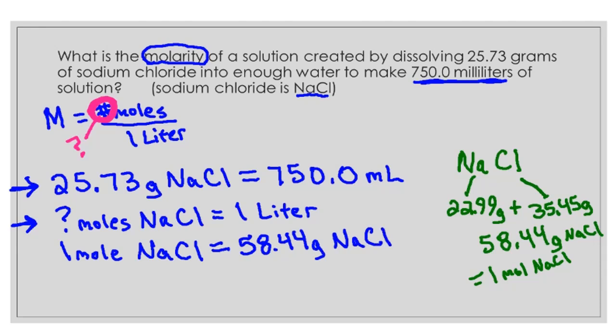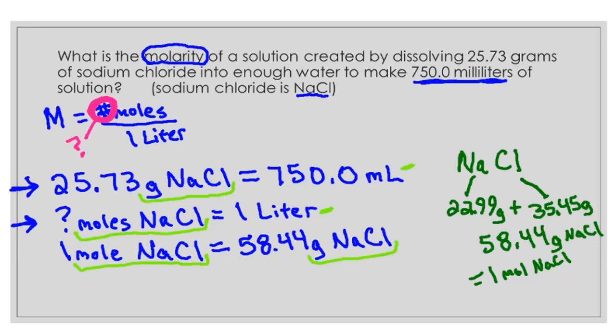Okay? Now, let's see if we have everything we need in this data table, if everything's mentioned twice. We have grams of sodium chloride up here and grams of sodium chloride down here. So that's twice. We have moles of sodium chloride right here and moles of sodium chloride right here. So that's twice. But look, we have 1 mention of liter and 1 mention of milliliter. So we need to remedy that by adding another line in our data table.